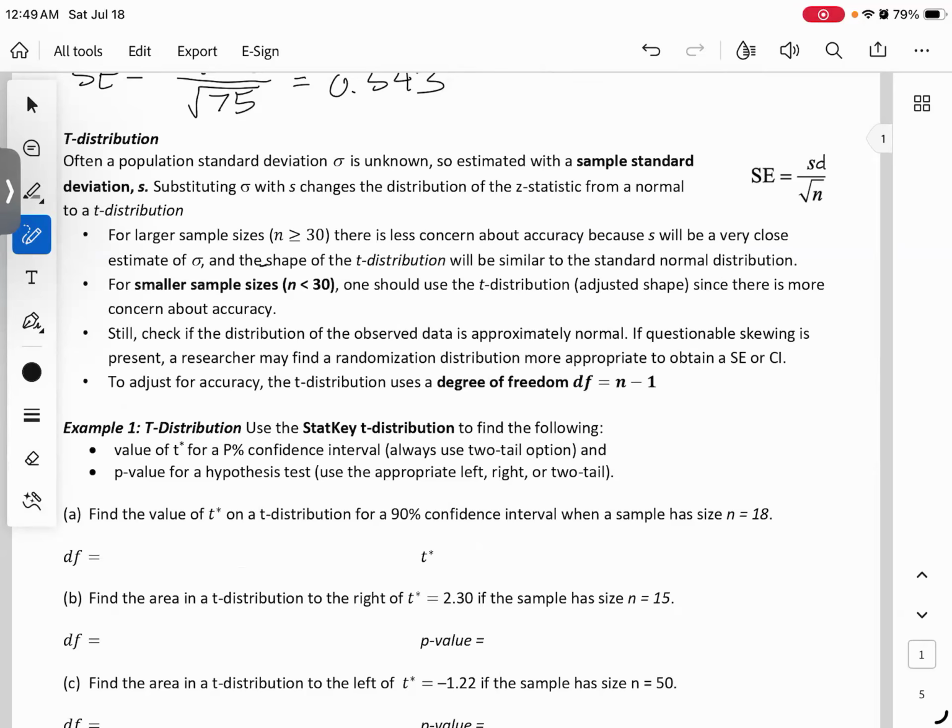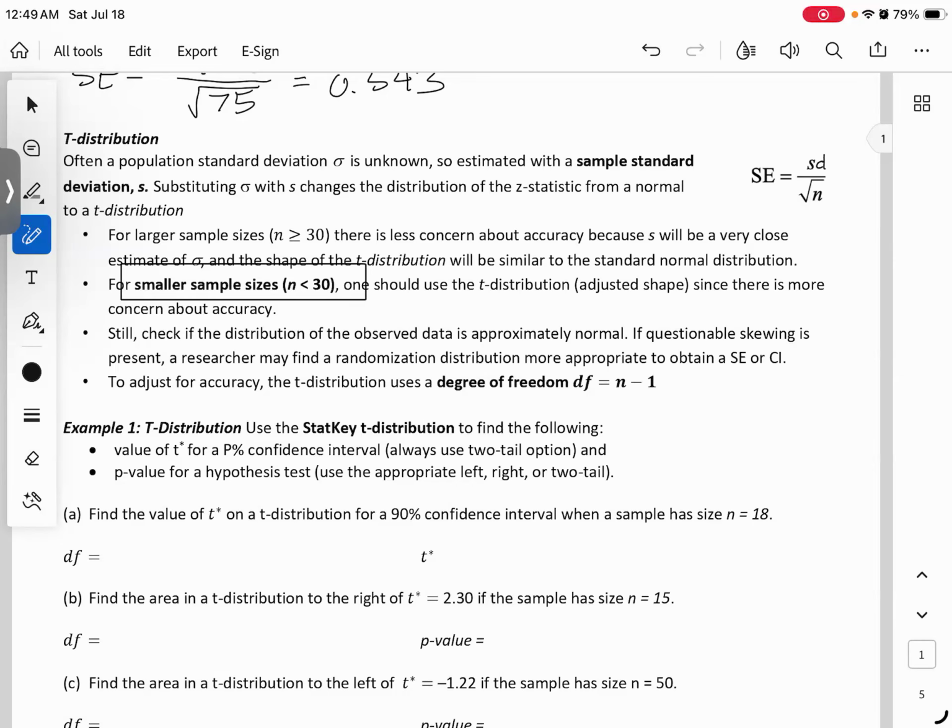And here I'll circle it. Anytime your sample sizes are smaller than 30, you should consider using the T distribution. So if you've got 28 or you've got 20, you can use this, and the shape has been adjusted so that you can get your standard error, confidence intervals, p values, the normal things that we've been doing ever since chapters 4, 5, and 6.